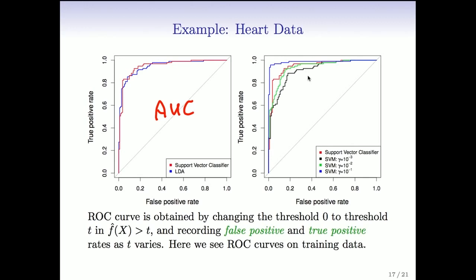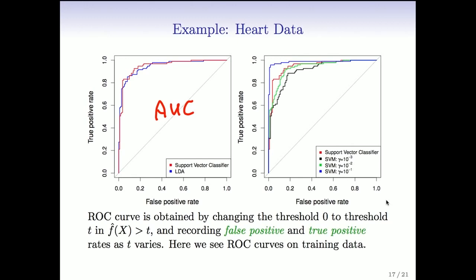Remember, the larger gamma, the more restrictive, the more wiggly the decision boundary. So this is ordered in complexity. When gamma is large, 10 to the minus 1, we're doing the best, and as we decrease gamma, we start doing worse and worse. And the linear classifier comes in between, in the middle of that regime.